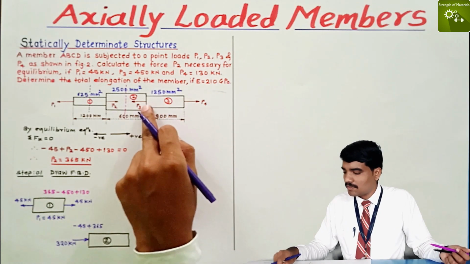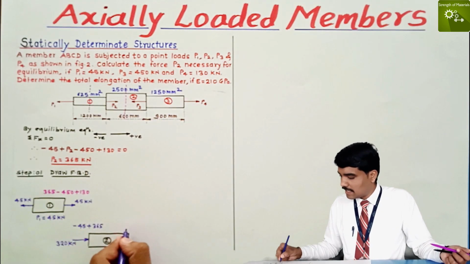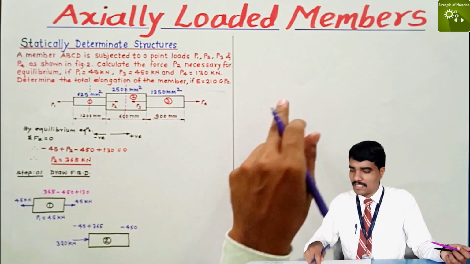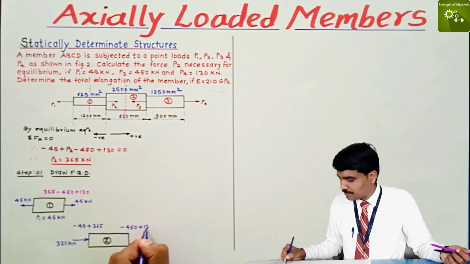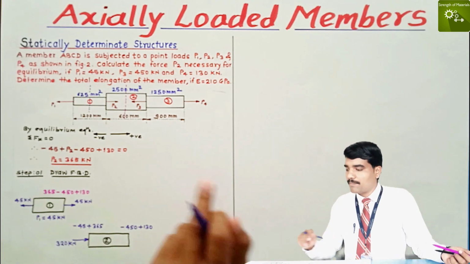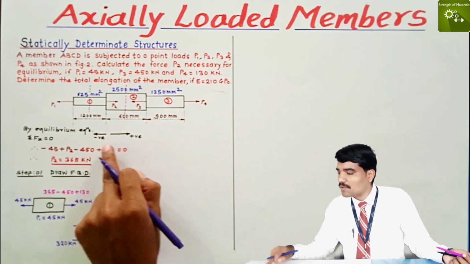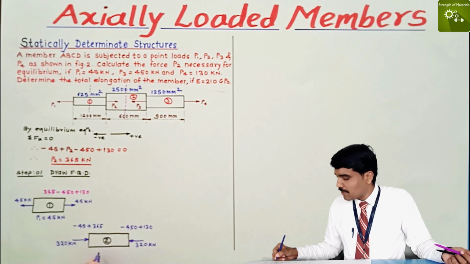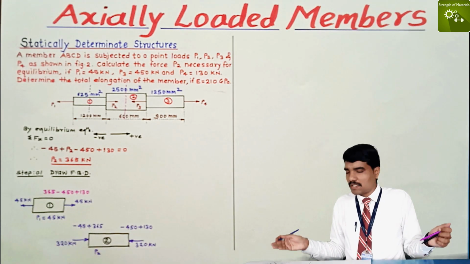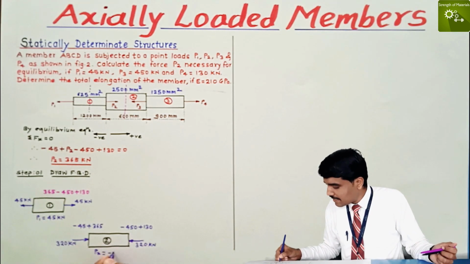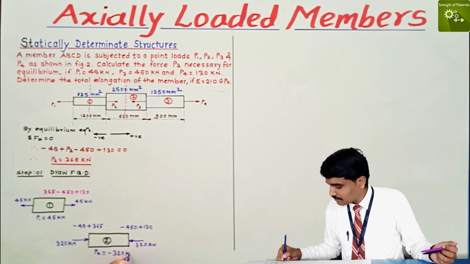P3 goes towards left and it is minus 450, and P4 goes towards right, it is plus 130. So minus 450 plus 130 is minus 320. Minus 320 means this force goes towards the left side. Here the forces are equal and opposite, so our calculation is true. But these two forces are push type, compressive. That's why the force in the second member is minus 320 kilonewton.